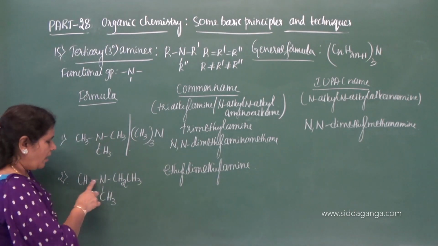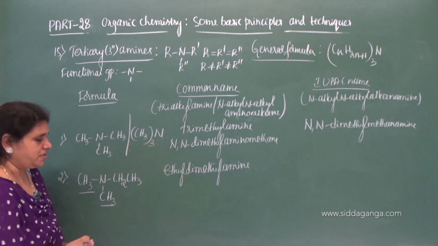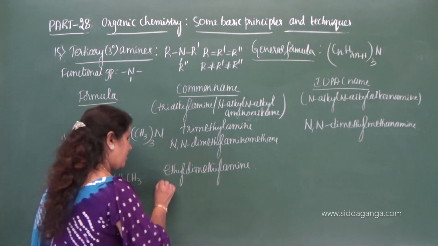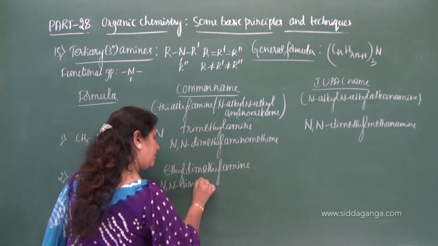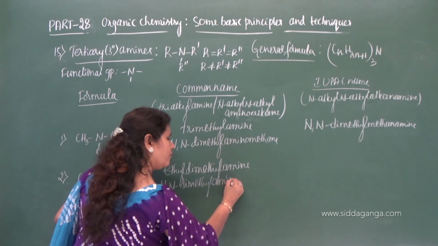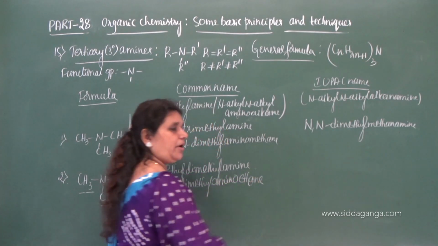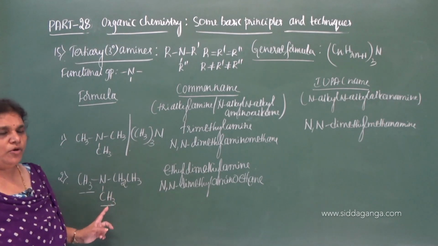Or else out of methyl and ethyl, methyl groups are smaller groups, therefore we need to consider these two as prefixes. Therefore N comma N dimethyl aminoethane is the one more common name.